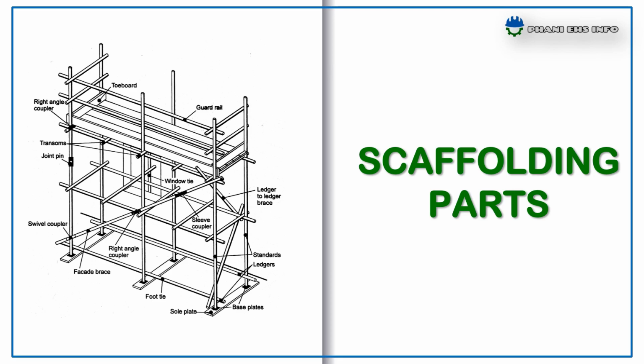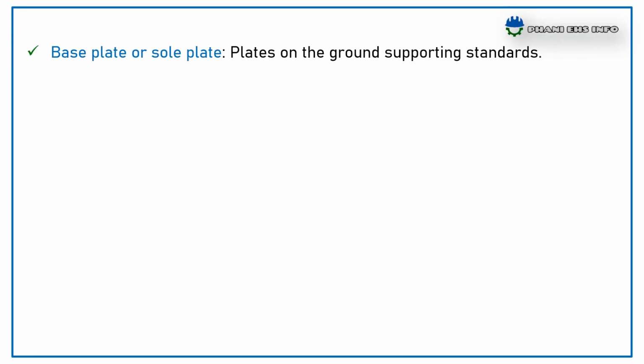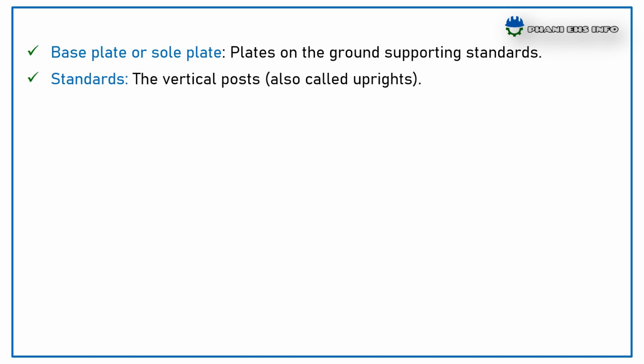What are the main parts of scaffolds? Base plate or sole plate, plates on the ground supporting standards. Standards, the vertical posts, are also called uprights.